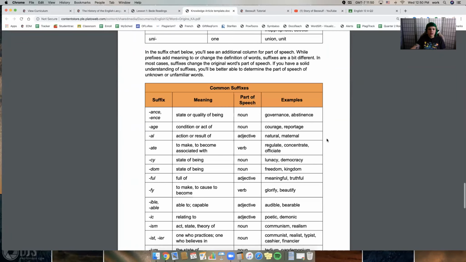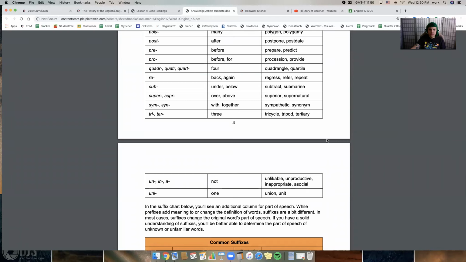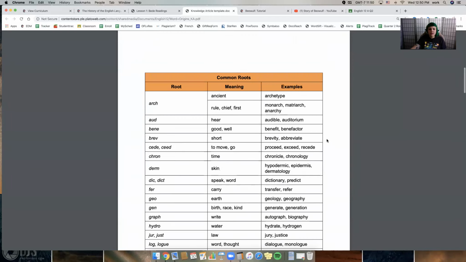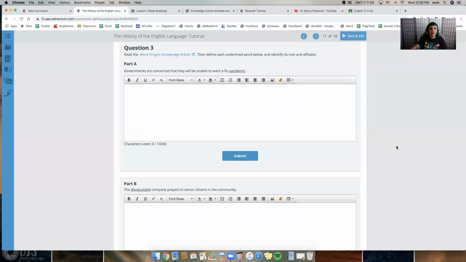I guess we're not getting the country of origin listed in here. I thought that was what the assignment was. Okay, sorry. Okay, you're just going to identify the root and affixes after you define the word.